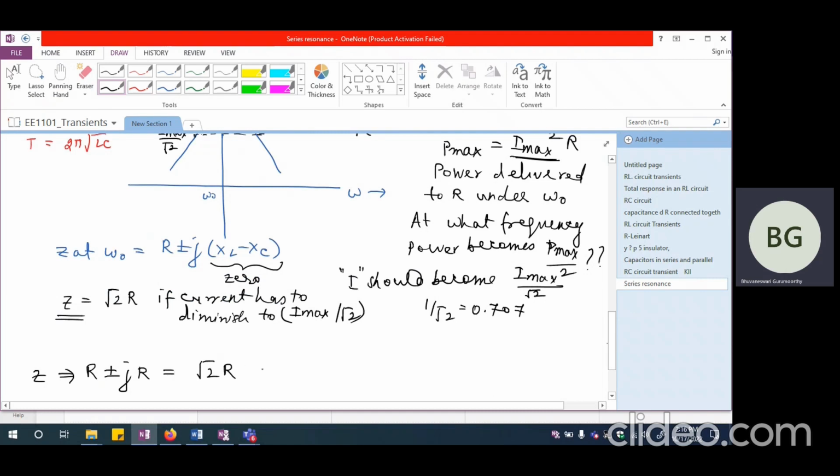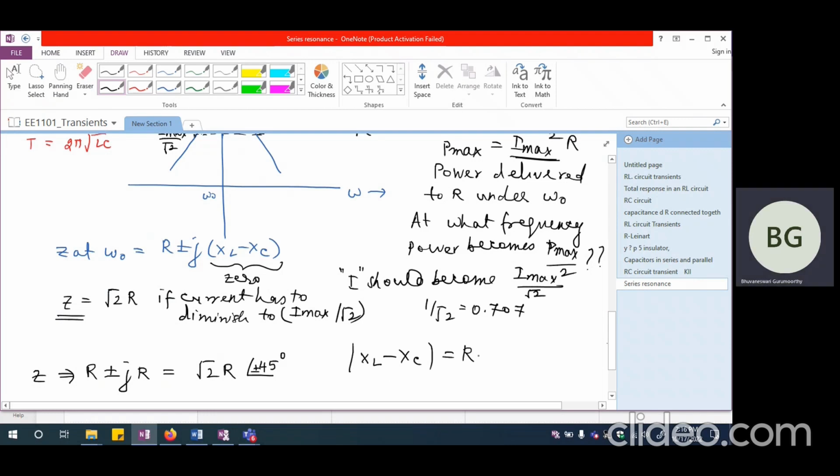So root 2R with an angle of plus or minus 45 degrees is going to be the impedance. So what we want is XL minus XC should be equal to R.